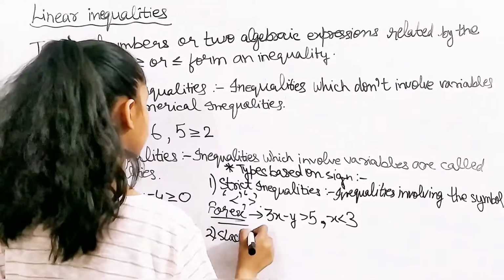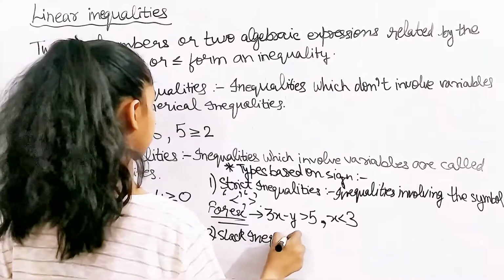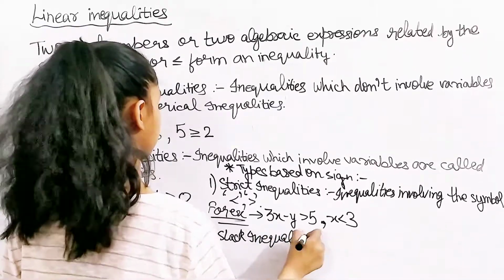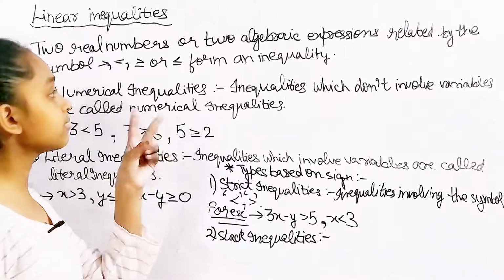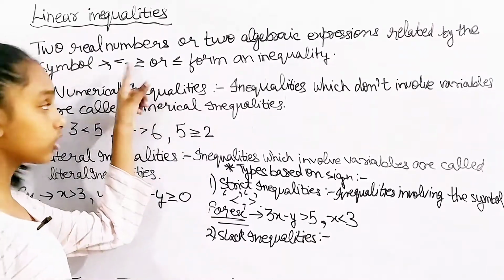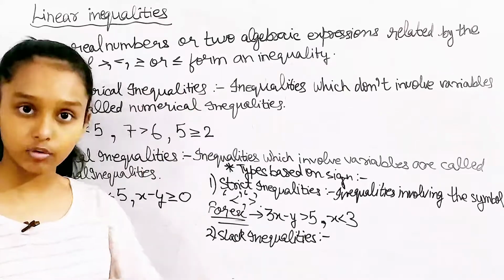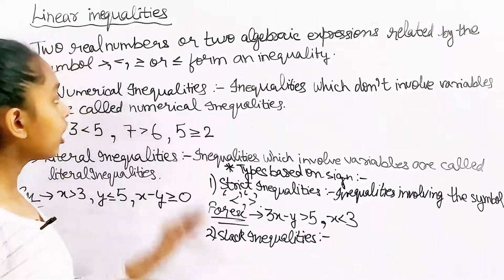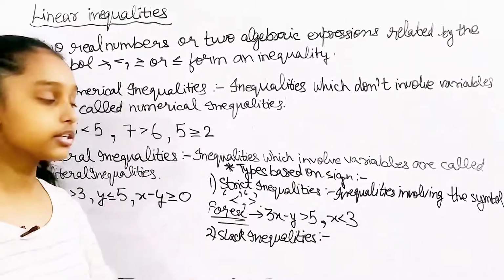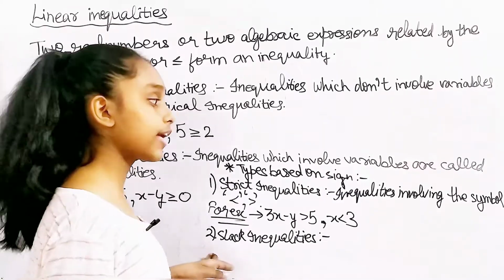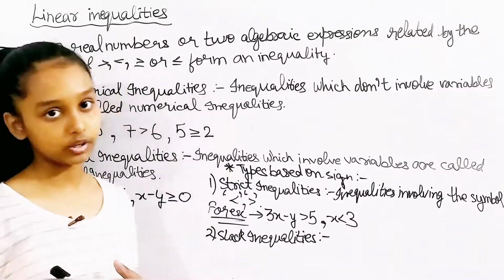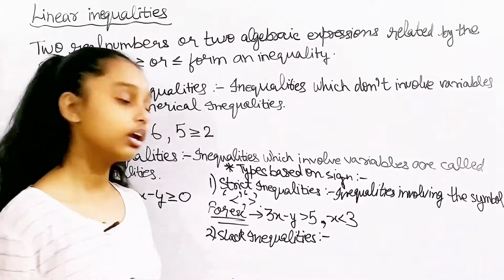Slack inequalities. Which two symbols are left? Greater than or equal to, and less than or equal to. That's what is left. Slack means not sure about something.